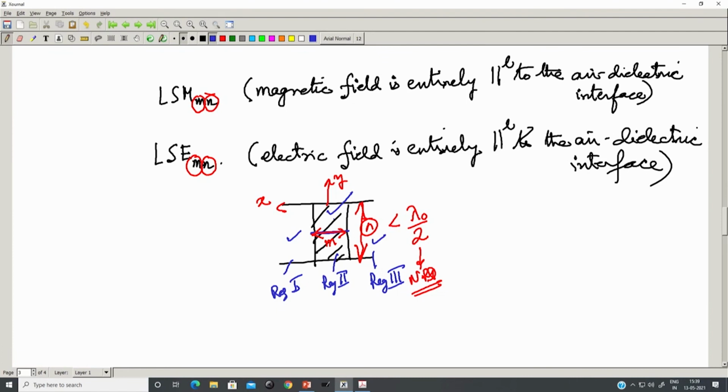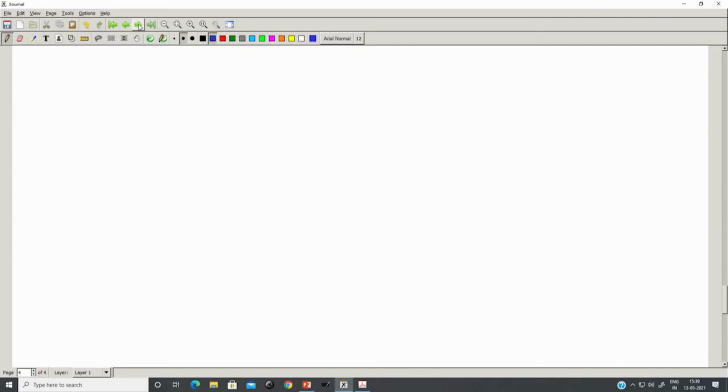So, if we note the LSM-01 mode, essentially we have this kind of a structure.